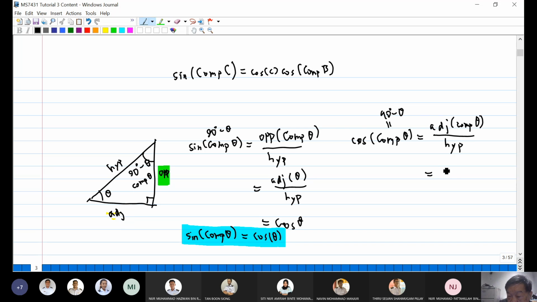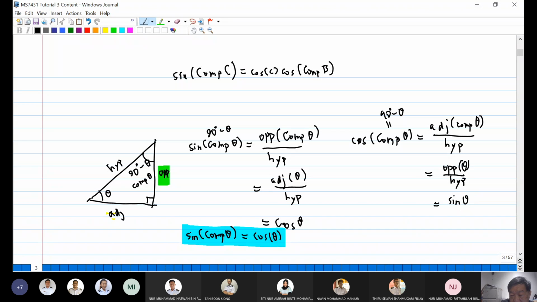So this is the opposite of theta over the hypotenuse, and we know this is exactly sine theta.